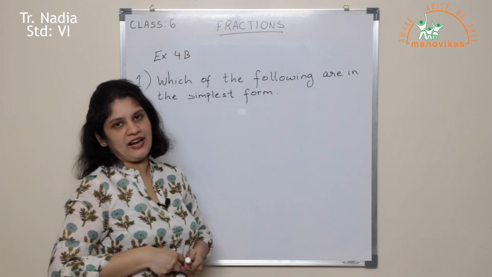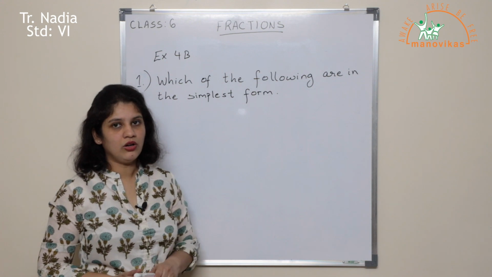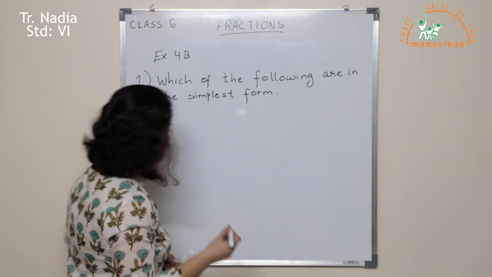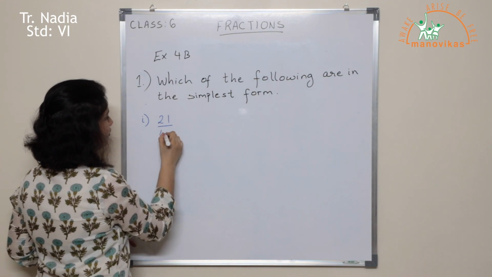Now you are given some fractions over there. You have to find out whether it is in the simplest form or not. Let us take some examples. First one is 21 upon 40.